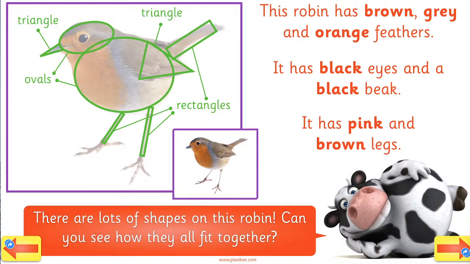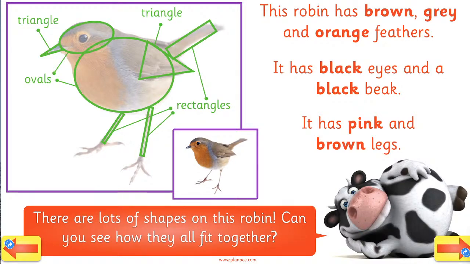And we've got that triangle there for the wing, some more rectangles for the legs, and like we did with our finger, almost trace that oval shape of the body, and another oval for the face, and that triangle for the beak. Well done, everyone. So there are lots of shapes in this robin, and they all fit together to make the body and to make all of those parts of the robin.